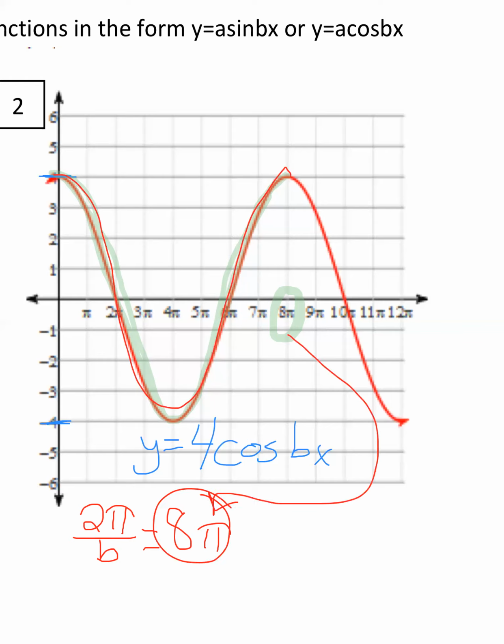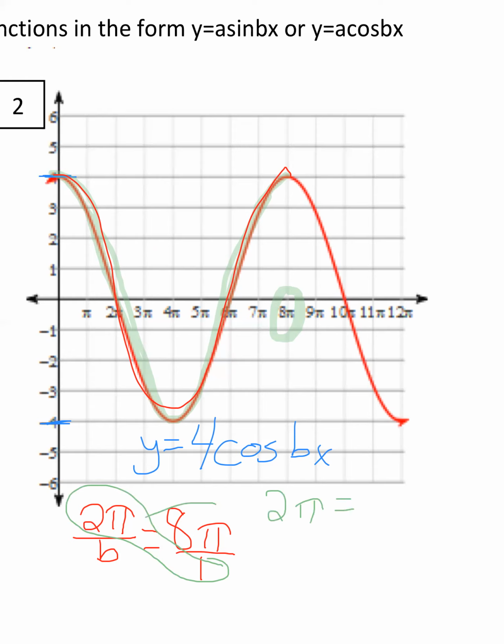Now, all I have to do is solve for b. So the easiest way to do this, in my opinion, if you're looking at this and you don't just know it, you can just set it up like a proportion, right? And then cross multiply. So I might do 2 pi times 1 is just 2 pi. And then multiply the other side.